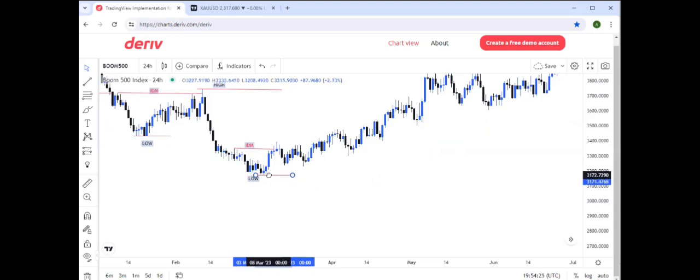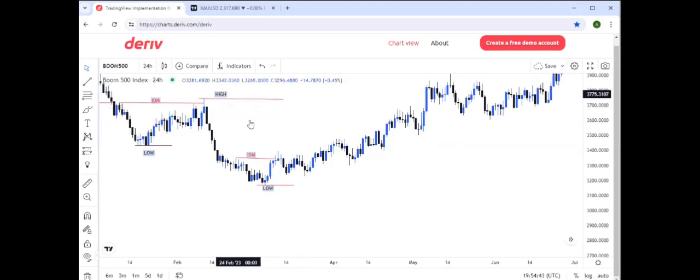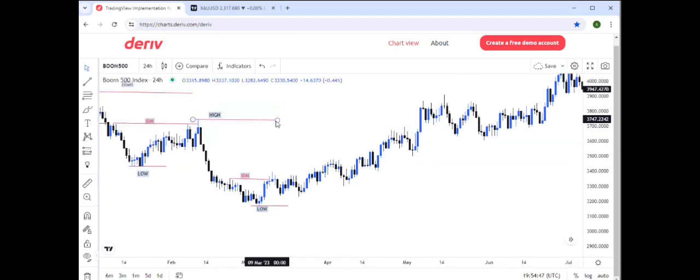Now, the next thing is that price has to come back and clear this low, basically to confirm that this place is a high. To confirm that, this low has to be taken. If this low is not taken, this is not a valid high, which means your high still remains here. Price keeps pushing up, and then price clears this high.